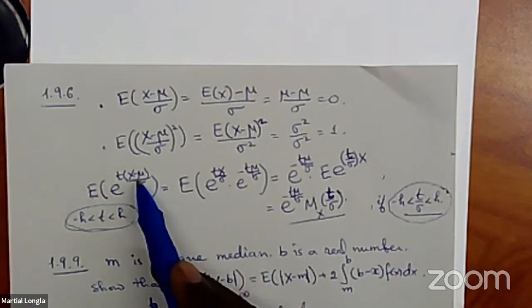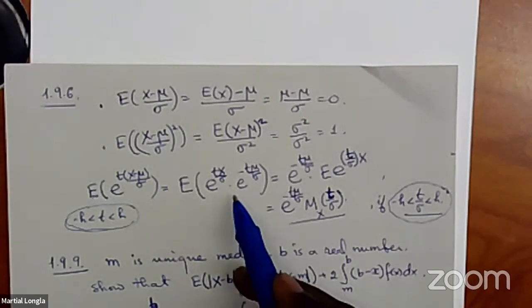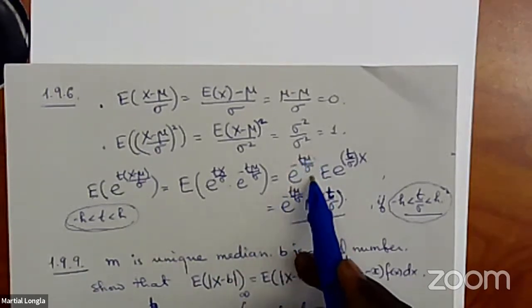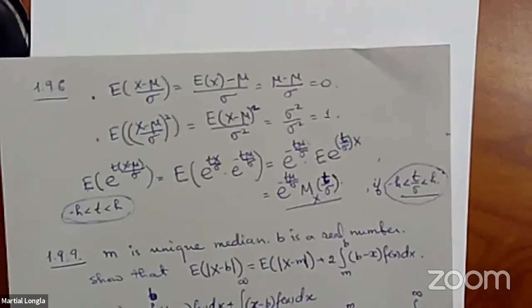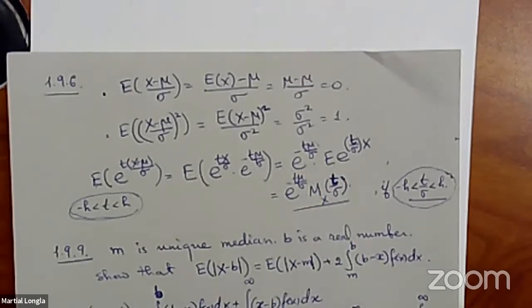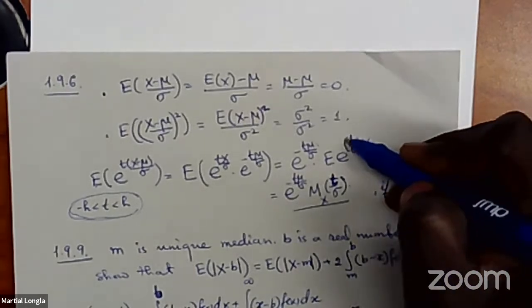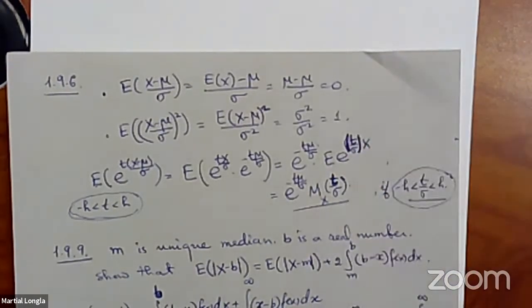Because t times mu over sigma is a constant, we can take that out of the expected value. The expected value of a constant times a random variable is that constant times the expected value of the random variable. And now I can take together t and sigma as t over sigma. That's a new time.